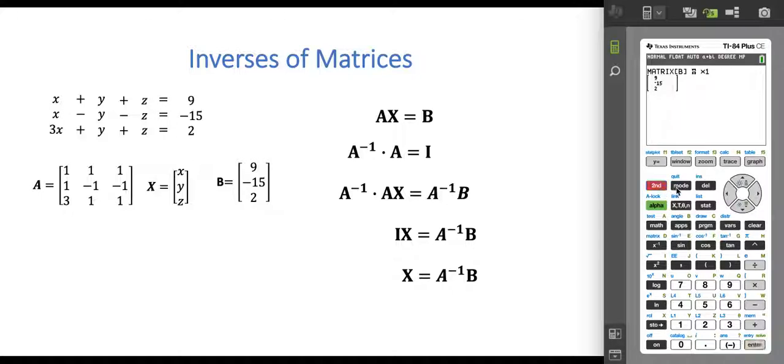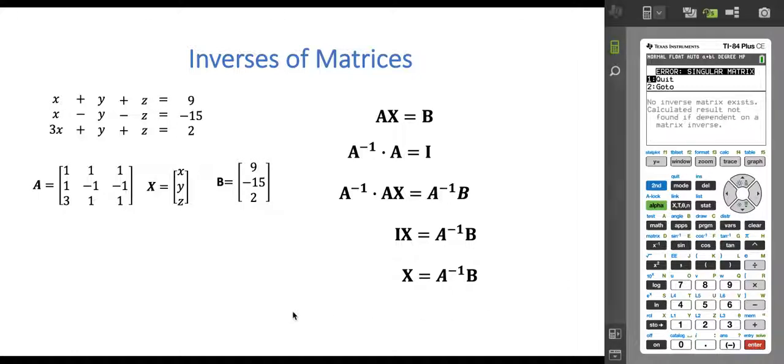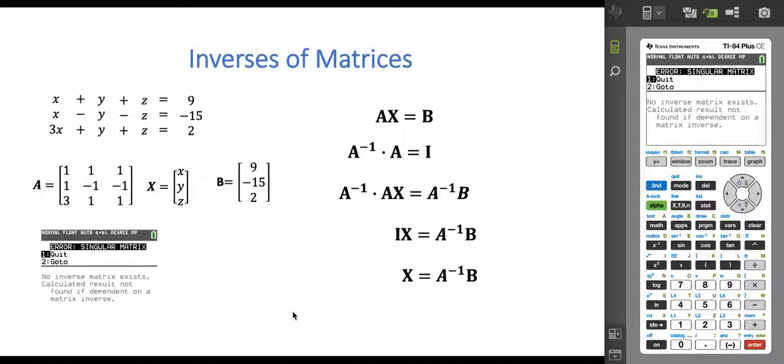And once you have those in your calculator, you're going to pull them up again, matrix A inverse, and then matrix B, and press enter. And notice we get that singular matrix solution again, or error message, whatever you want to call it.